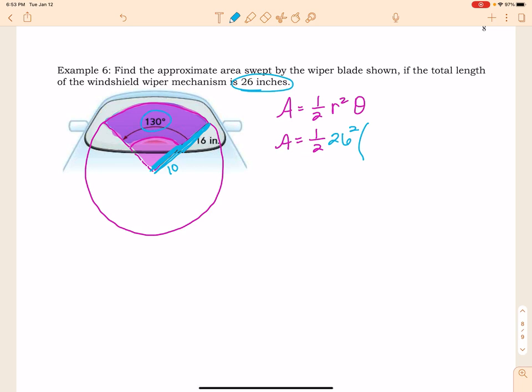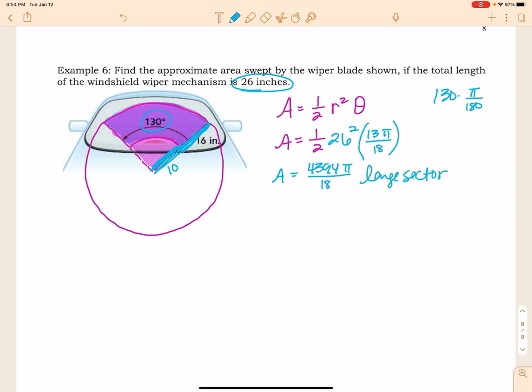I need to convert that into radians. So 130 times pi over 180 gives me 13 pi over 18. So I get this obnoxious number right here. That is the large sector.